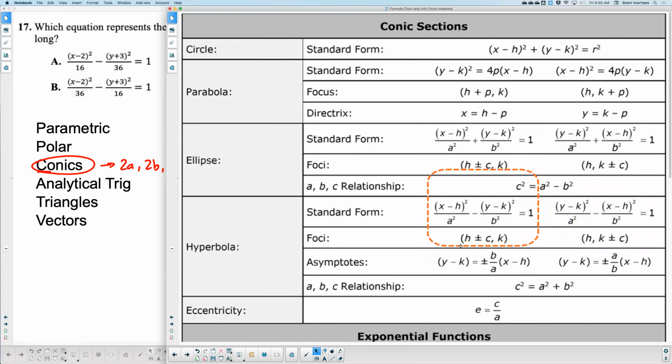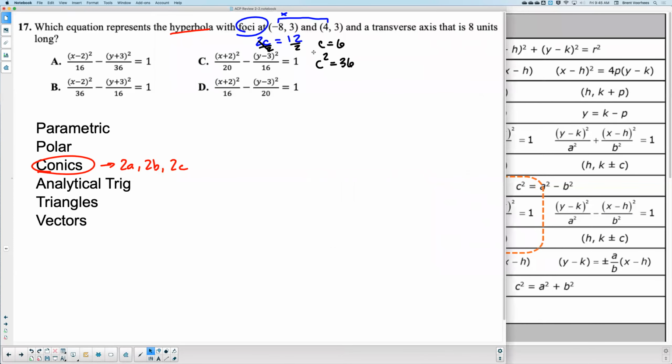Do either standard form equations include a C squared? No. So frequently, you will see distractors that include C squared. We know what C squared is. Should that be included in the problem? No. So which ones can I eliminate based off C squared? A and B. A and B are gone. So it has to be one of these two.